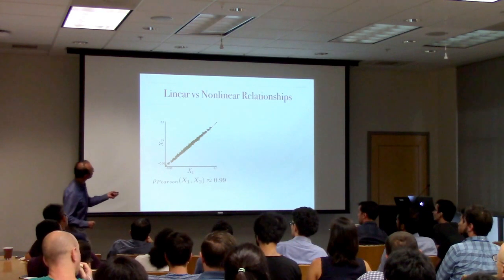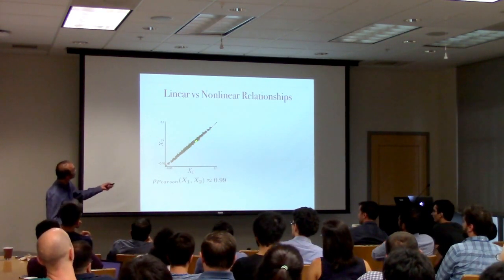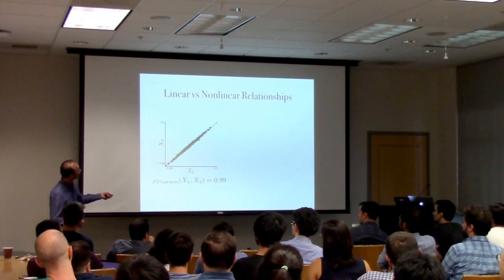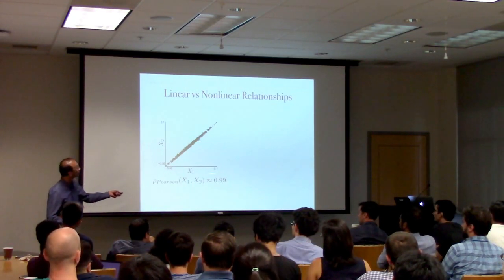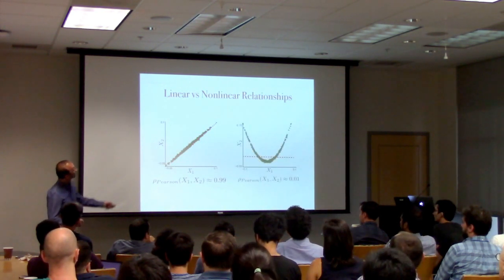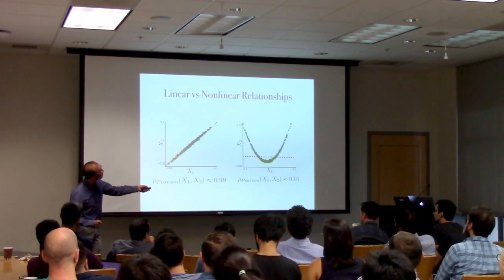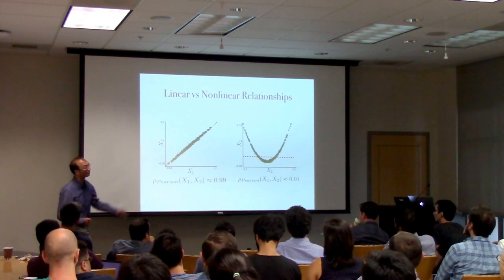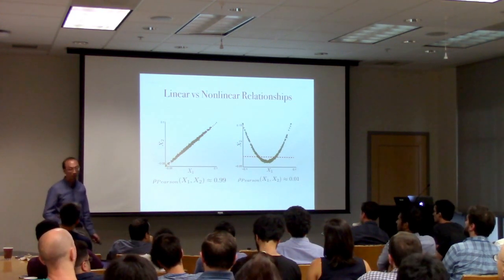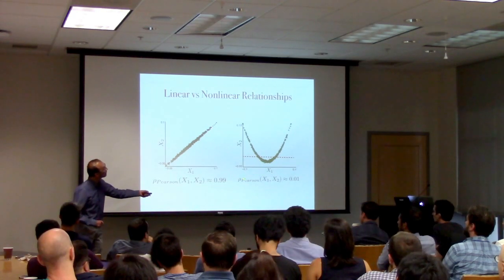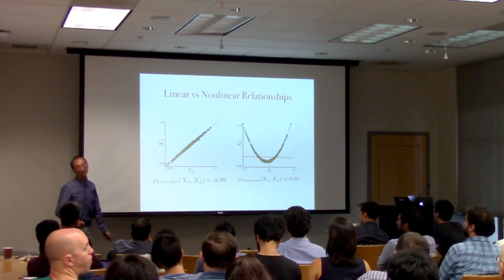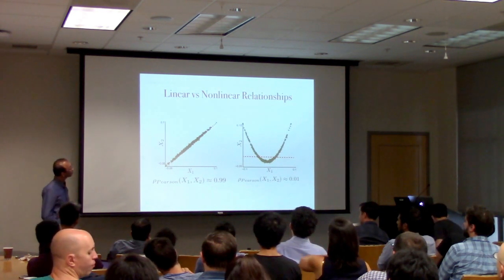To see this picture more clearly, here's a bunch of points with a roughly linear relationship, and the correlation is very close to 1, which is intuitive. But if two random variables have a nonlinear relationship, the correlation could be small, so you would think there's very little dependency, but actually there's a very strong nonlinear dependency. So it's not capturing that.